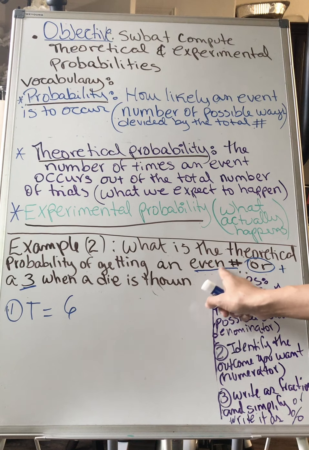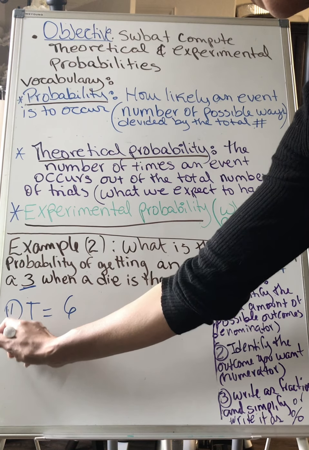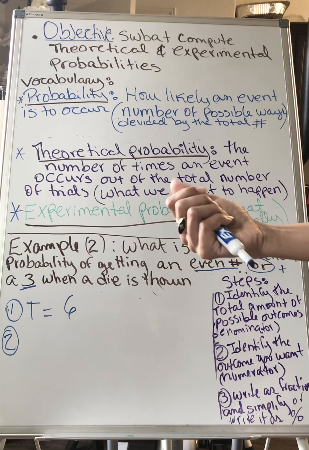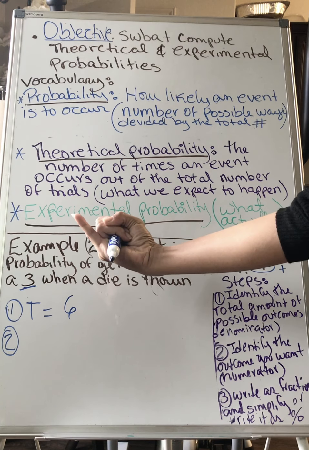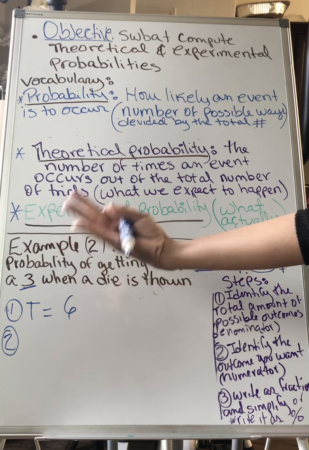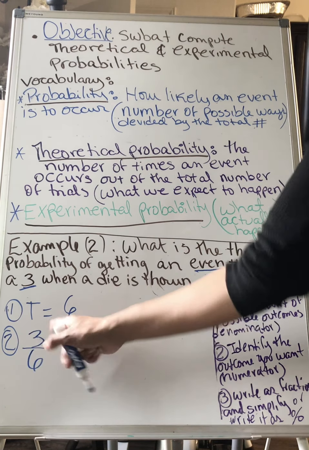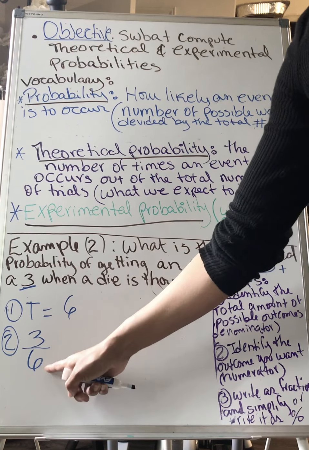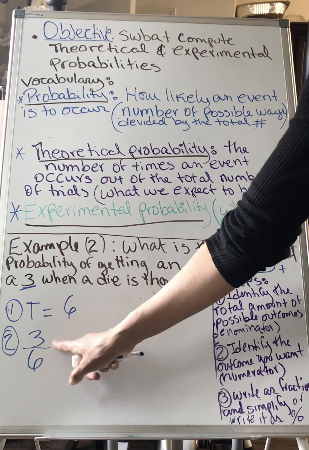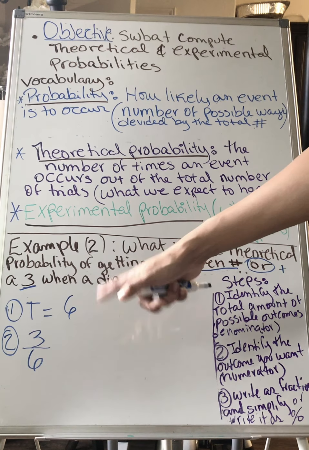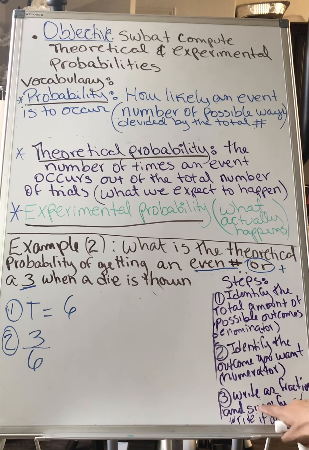So for an even number, I know that for the probability of getting an even number on a die, it's going to be either a 2, that's 1, a 4, and a 6. Those are 3 out of 6. And remember, we always write the denominator. Again, we write probability as fractions or percentages, or even whole numbers if I can simplify it. And we simplify, very important.